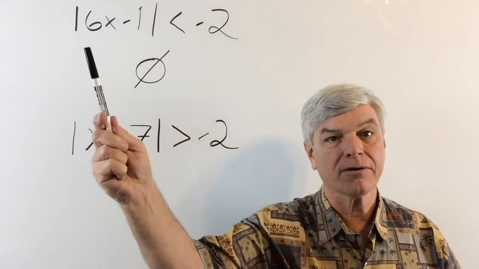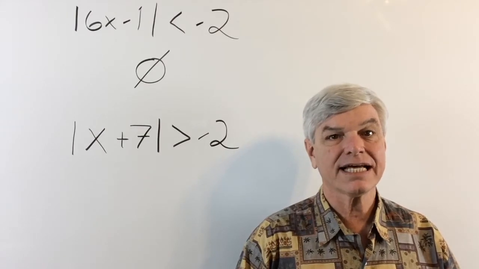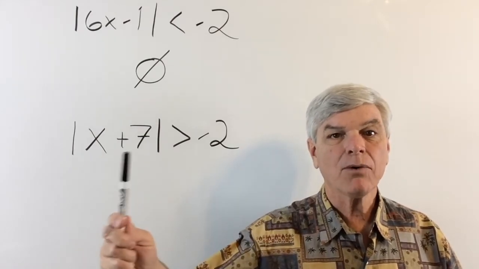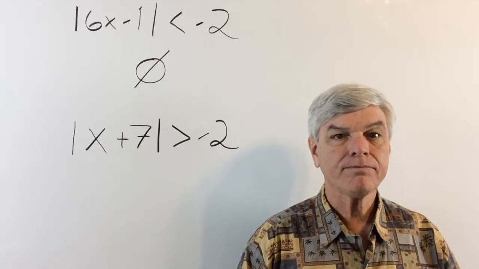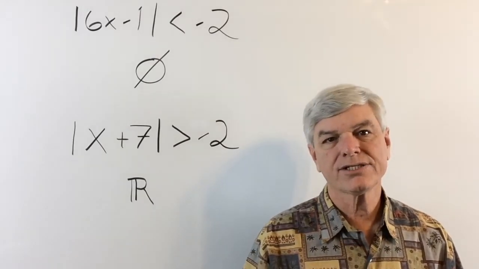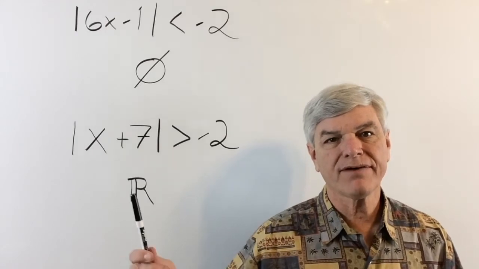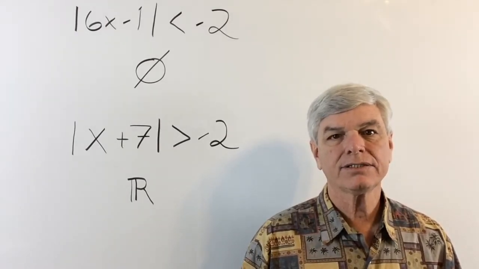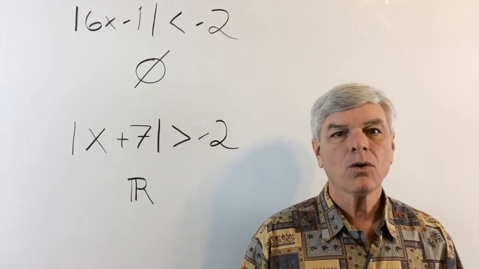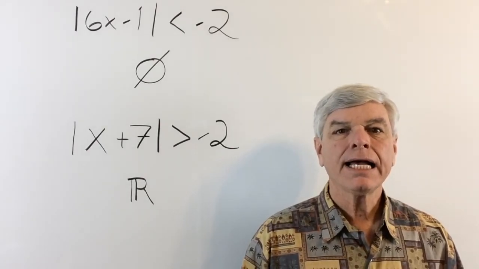You saw up here, that's when it's less than a negative number. Now when our absolute value is greater than a negative number, the solution is all real numbers. Remember that funny R that we had previously? And you can just write all real numbers, or you can write that funny R.